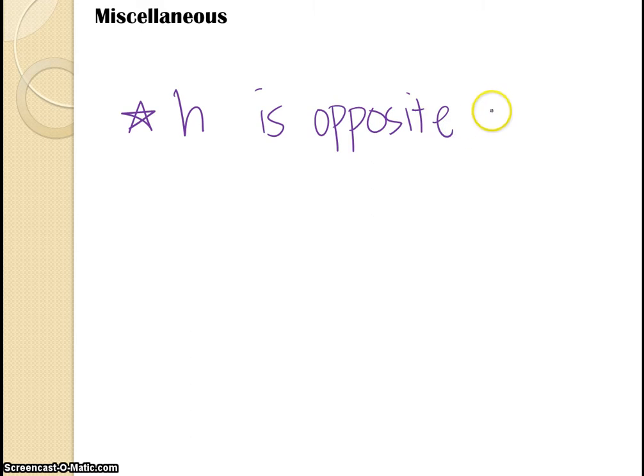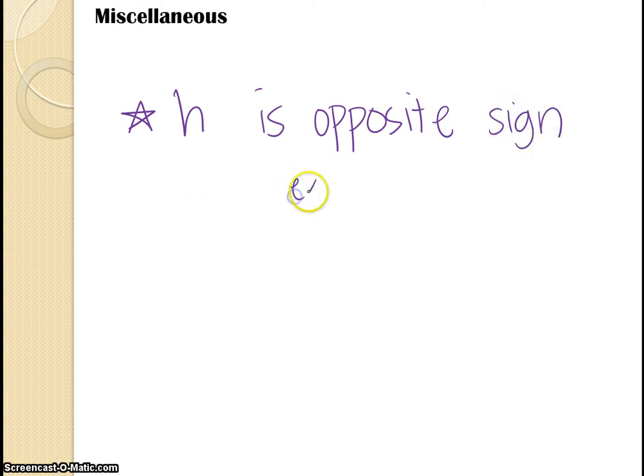Couple things to remember. When we're dealing with h, it's inside the parentheses, and it's the opposite sign. Anytime you have something inside the parentheses, you have the opposite sign.